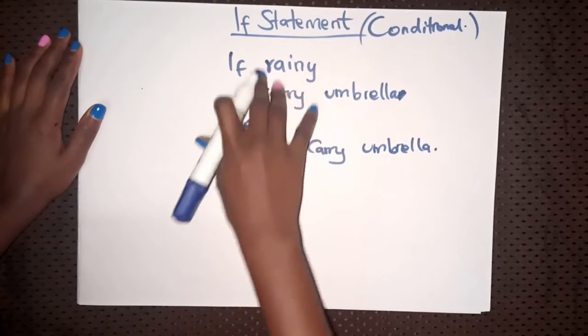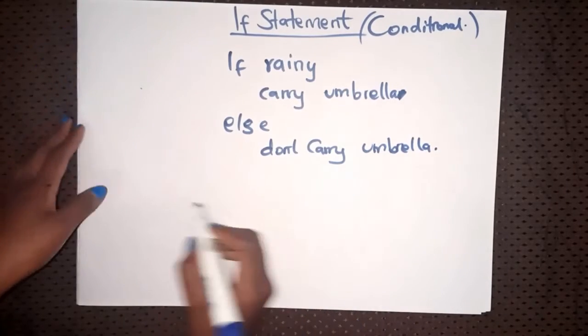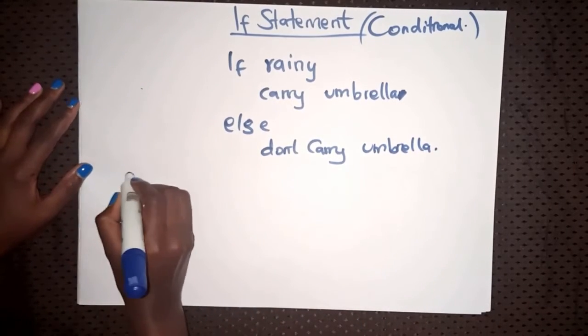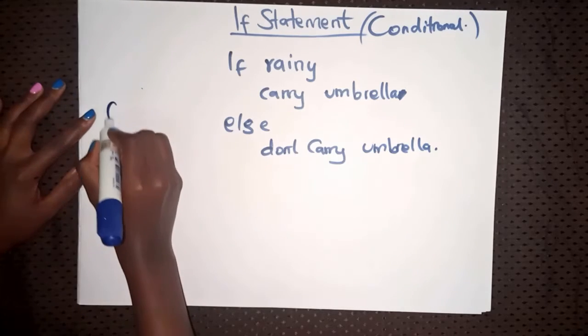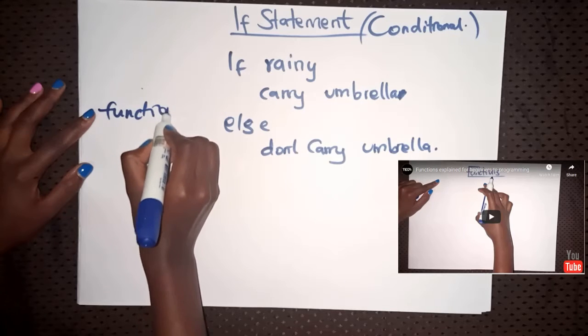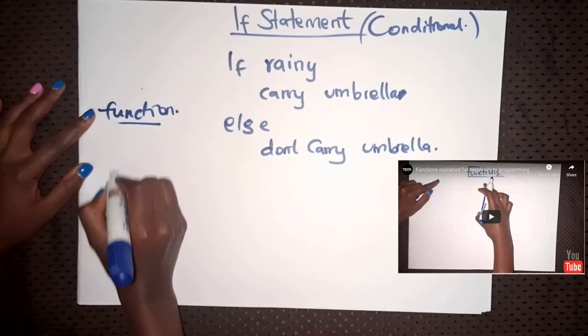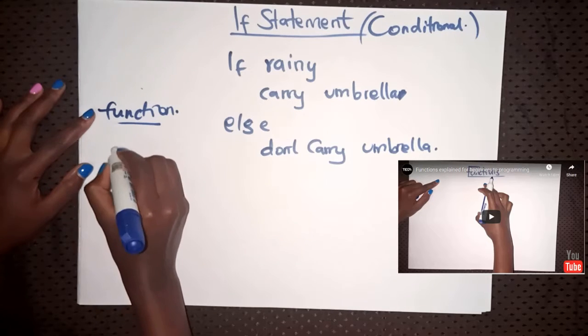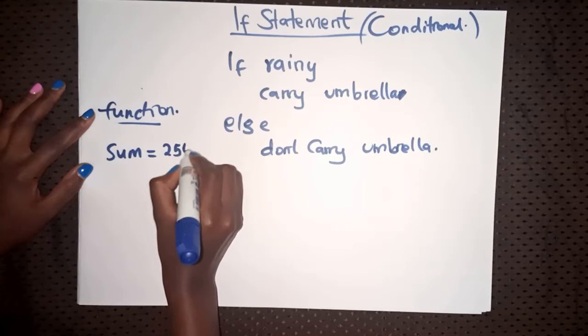So mostly, instead of rainy, you'll write something like a sum, because it's very easy. We've calculated it in a different function, in a different tutorial, where we covered functions and found out how to write a function. So you've already calculated the sum, and you've gotten the sum to be 250, for example.